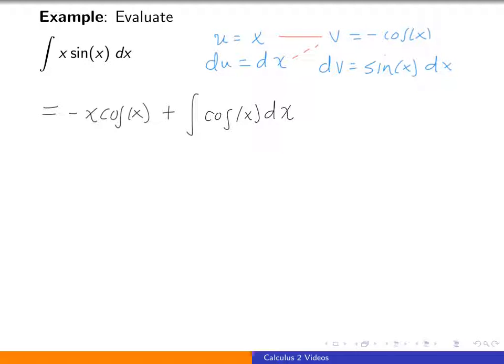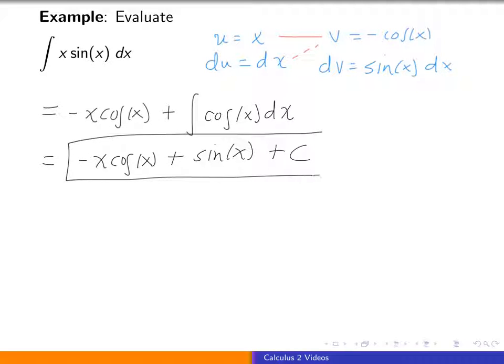The antiderivative of cosine is sine, which gives us the desired indefinite integral. And once again, a key observation we can make: if instead of having an x, we had something like x squared, even x cubed, this would also be something that we could very reasonably solve via integration by parts. We just might need more than one integration by parts.